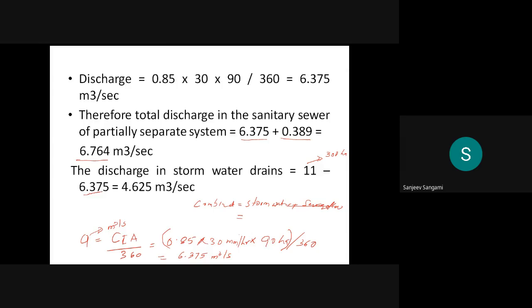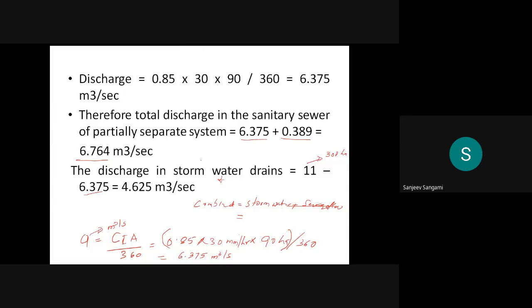Then the remaining amount, the storm water, will be this minus this. This 6.375 is contributed from only two areas, that is roofs and the paved, because it is the highest area, that is 15%.